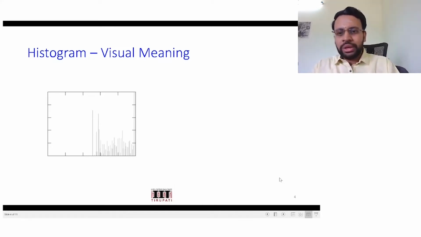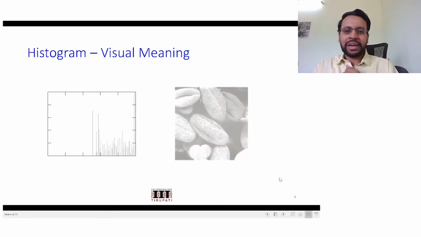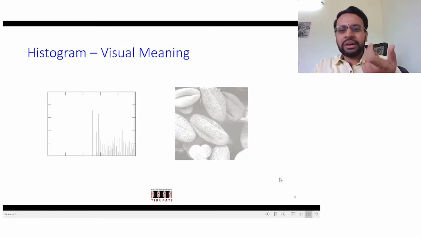That's what you could interpret from this histogram. Let's see how its corresponding image would look. As we have rightly analyzed, this image is on the bright side and the contrast is somewhat limited, from the middle value to the highest intensity value.